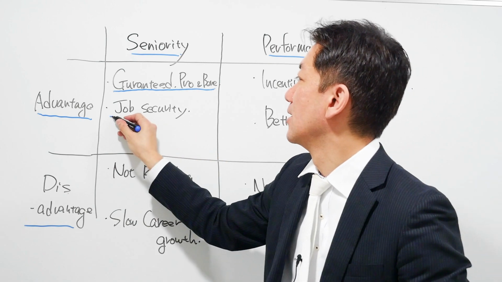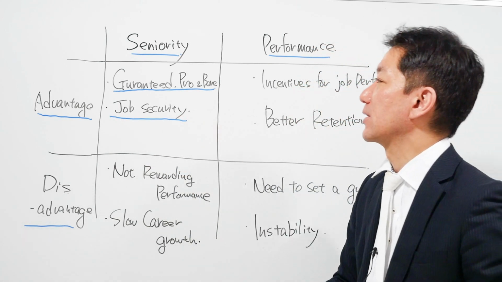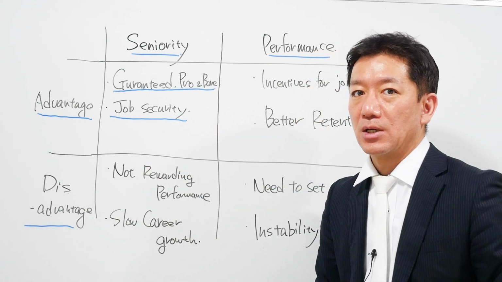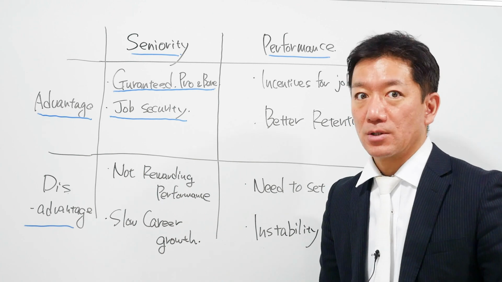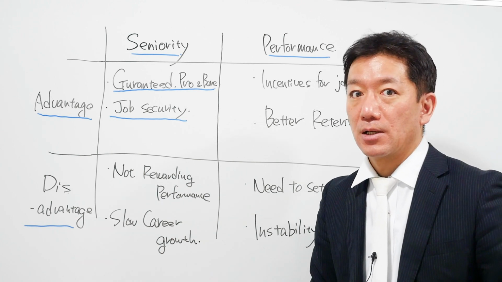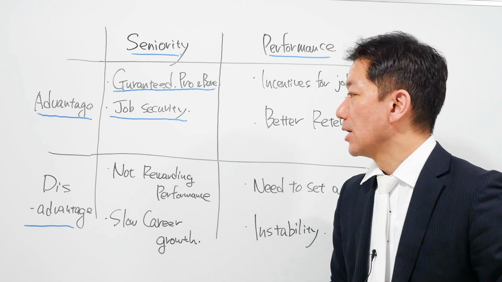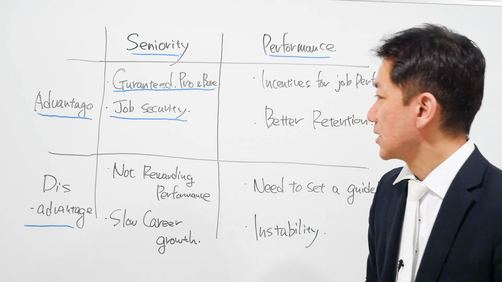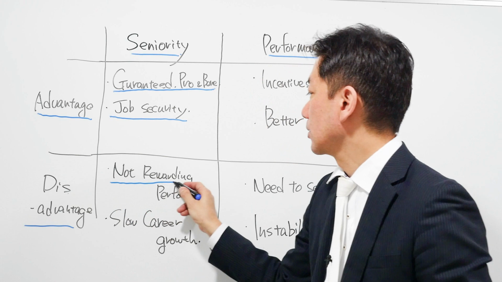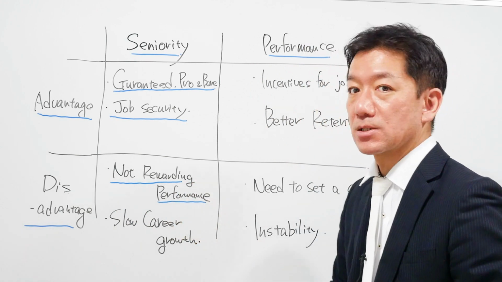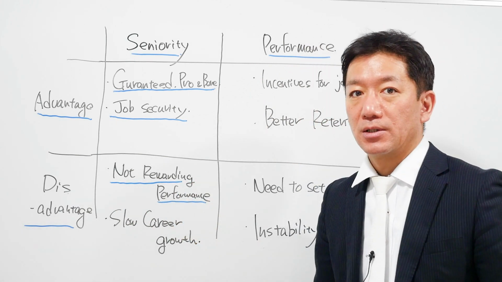Also, job security. This is a big advantage of a seniority system. Of course, you can feel secure working at the company, right? Big advantage. And the disadvantage is here, not rewarding performance. Performance doesn't matter.